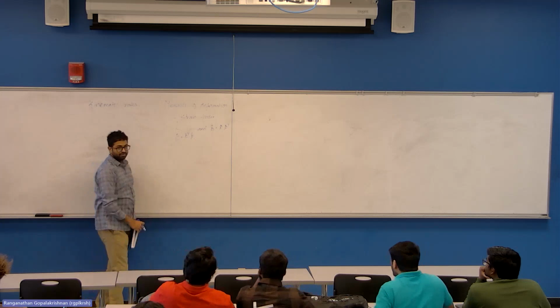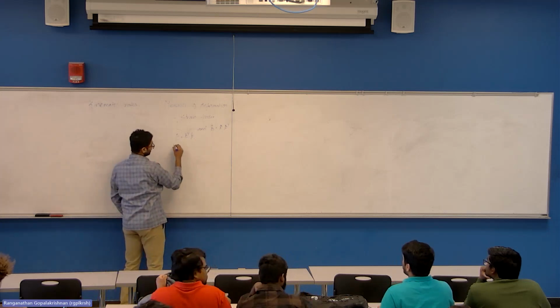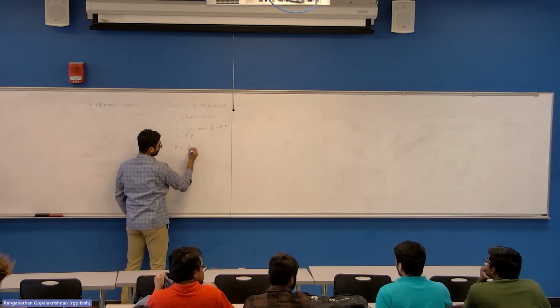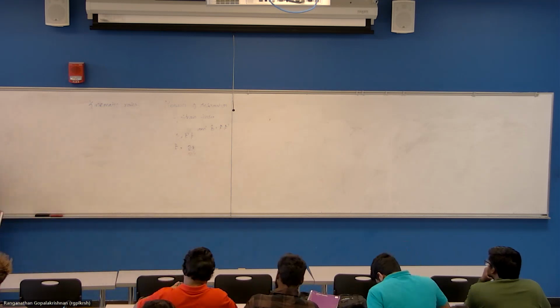And what is F? The deformation gradient tensor, which is defined as the gradient of spatial coordinate with respect to material coordinate.